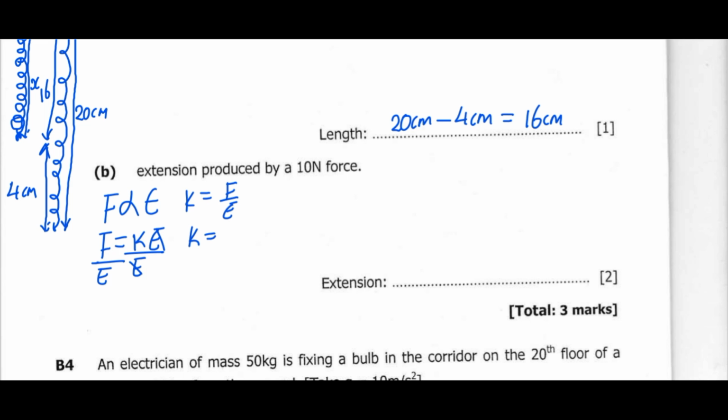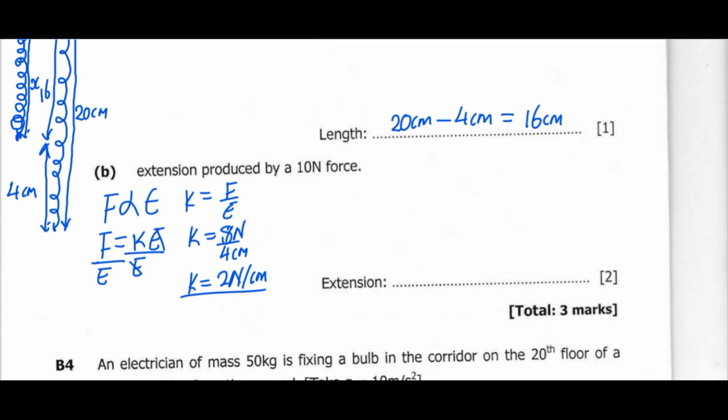So what's our K? We know that the force was 8 newtons, divided by the extension, which was 4 centimeters. So our constant will be 2 newtons per centimeter. This means that for an extension of 1 centimeter to take place, a force of 2 newtons must be applied.